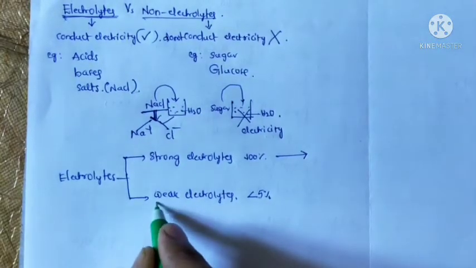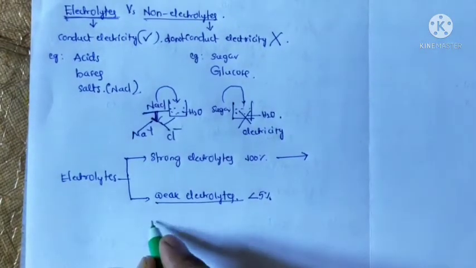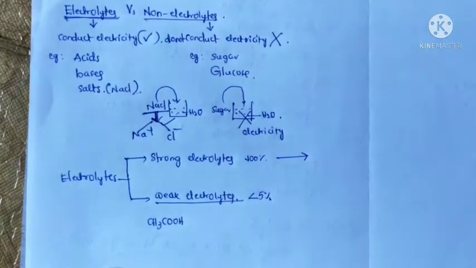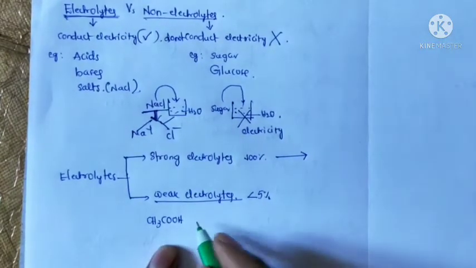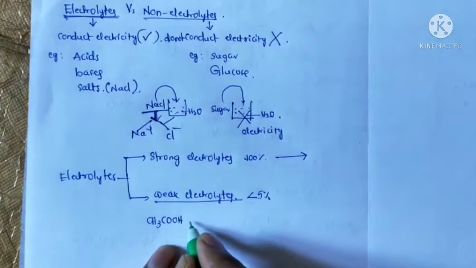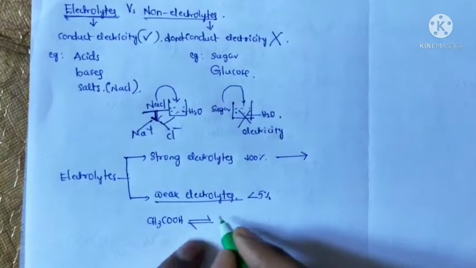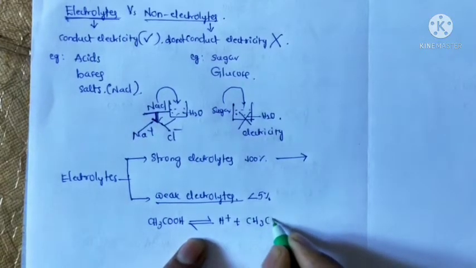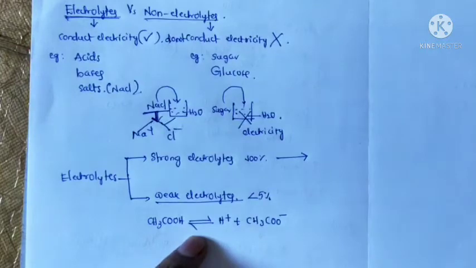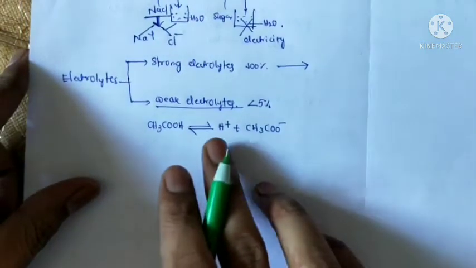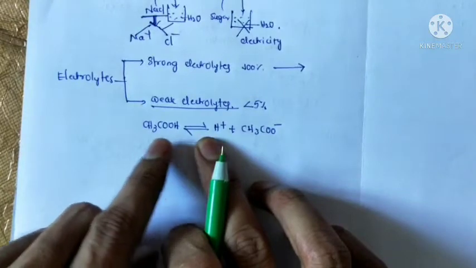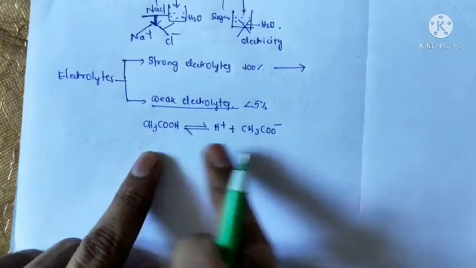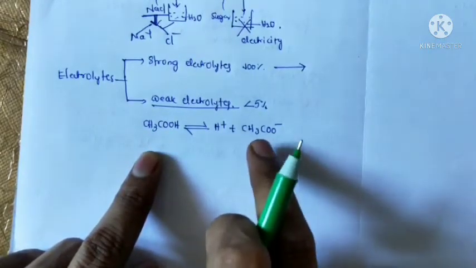The best example for a weak electrolyte is acetic acid. Acetic acid partially dissociates into ions, H plus ions and acetate ions. So here there is an equilibrium between the undissociated electrolyte molecules and the dissociated ions.